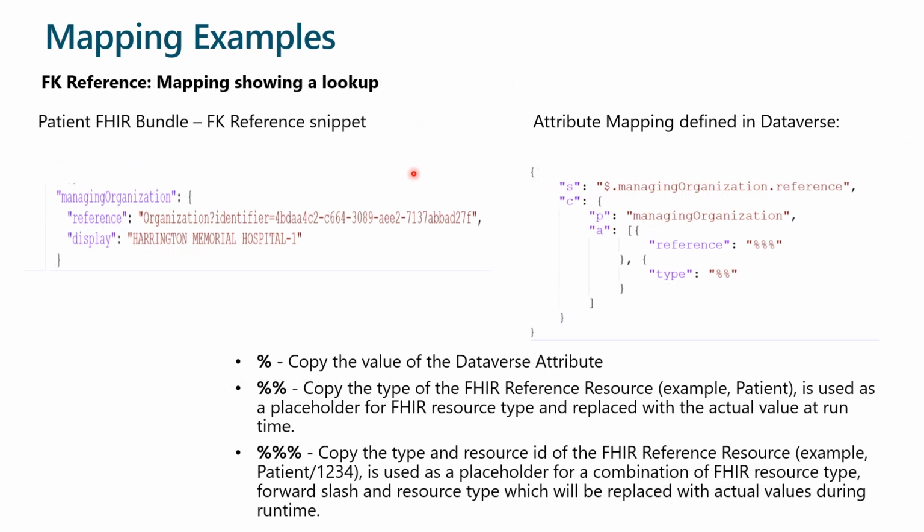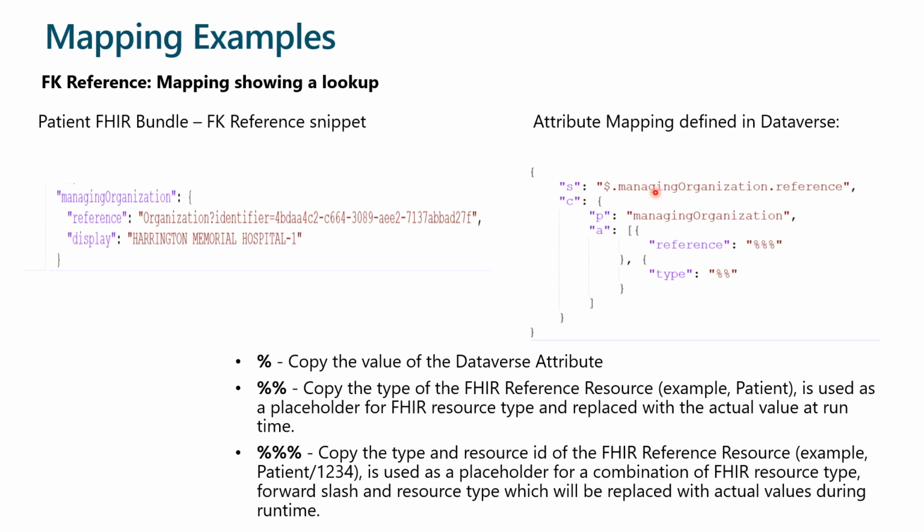Mapping example, foreign key reference mapping pattern. This example shows how to map a foreign key reference. On the left-hand side, we have a code snippet from a patient FHIR bundle showing the managing organization. On the right-hand side, we have a corresponding Dataverse attribute map defined for that element in Dataverse.